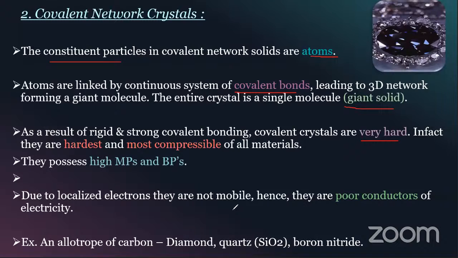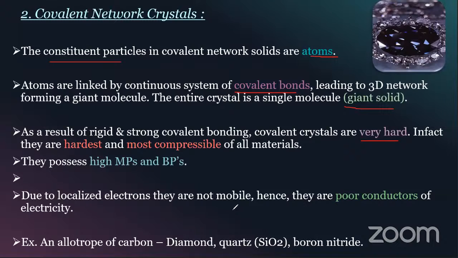For conduction of electricity, what is important? When will you see conduction of electricity or heat? Only when there are very good free electrons, correct? Free electrons and space are the most important things. Whenever an electron can move from one place to another, only then will it conduct electricity.